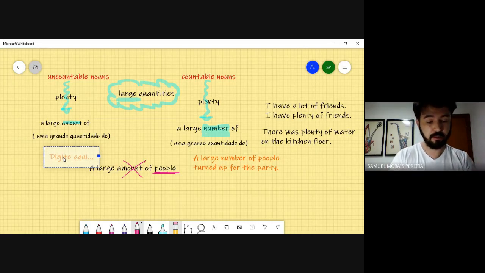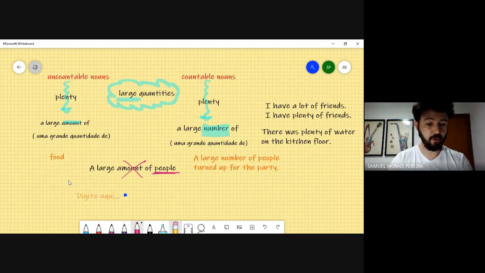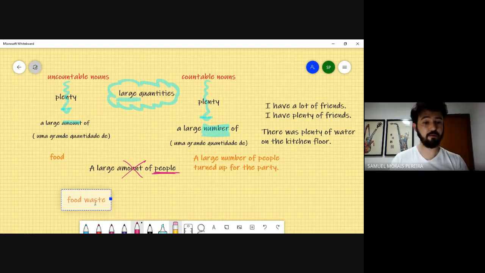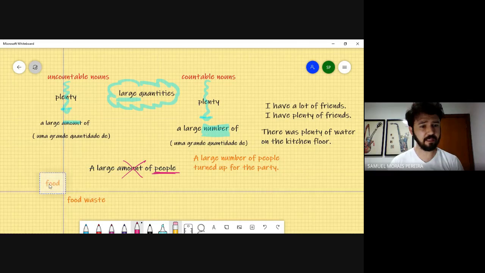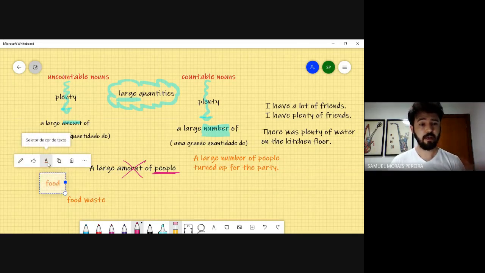For example, think of the word food again, ok? Food, comida. Let's talk about food waste. Desperdício de comida. As you know, uma grande quantidade de comida é desperdiçada todos os dias ao redor do mundo, né? Jogada fora. Então, olha só, como é que eu falaria assim, ó? Uma grande quantidade de comida é jogada fora.